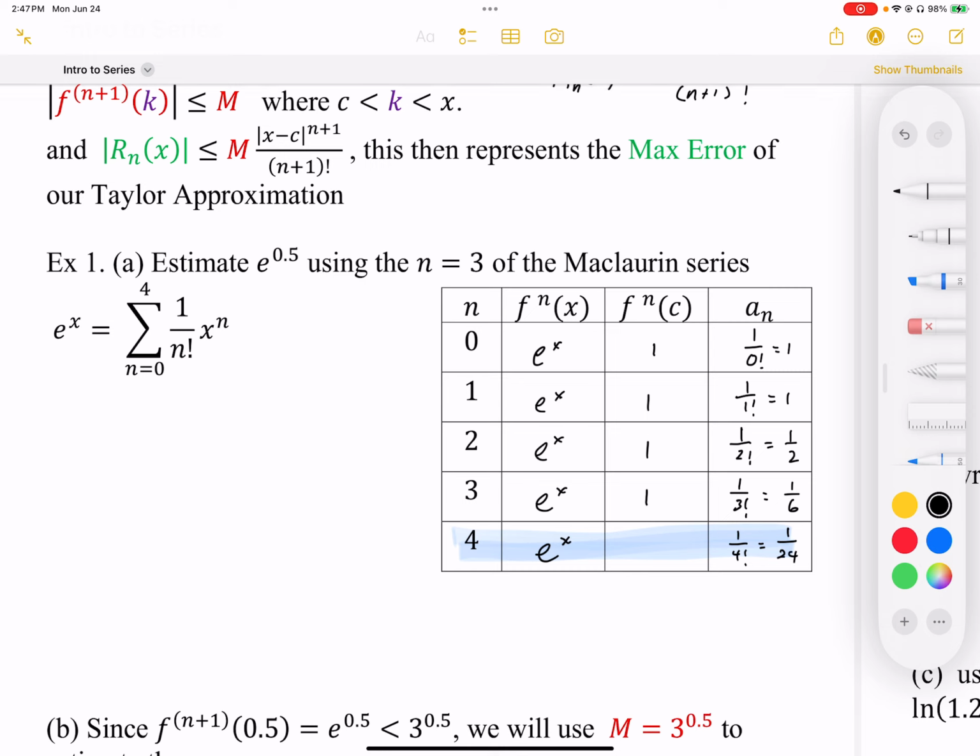So then let's look at our approximation. e to the 0.5 is going to be equal to our first term, which is just 1, plus 1 times x, which is 0.5, plus 1/2 times 0.5 squared, plus 1 over 6 times 0.5 to the power of 3, plus the remainder.